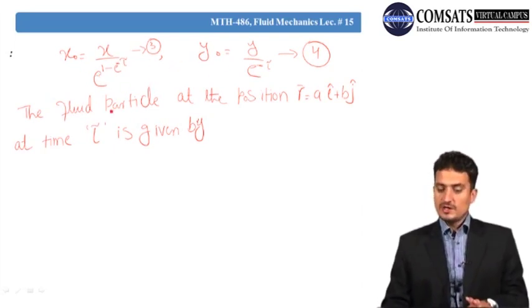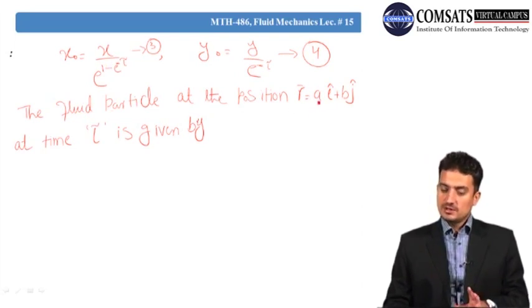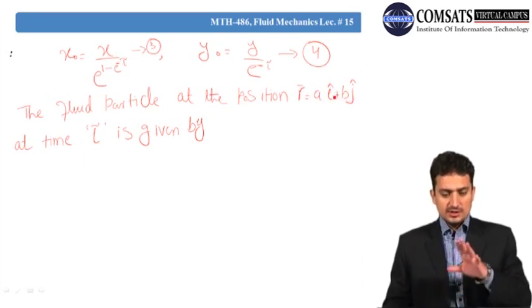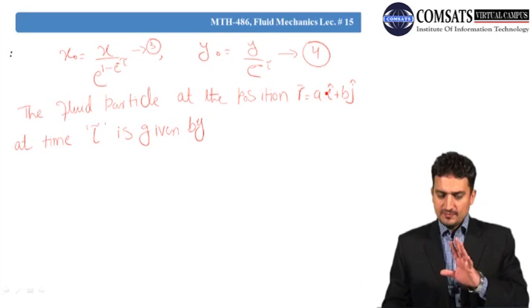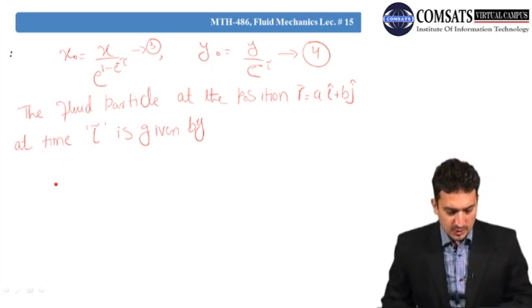Now the fluid particle at the position r, which is the position vector of that point with a as the x coordinate and b as the y coordinate. With respect to this position vector, the position of the fluid particle will come out to be x naught.